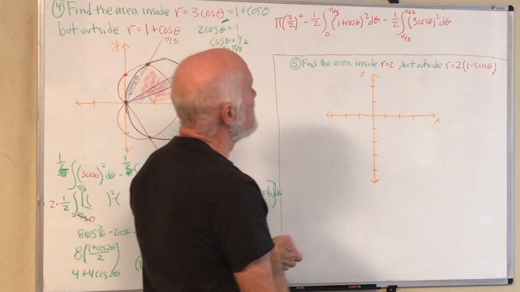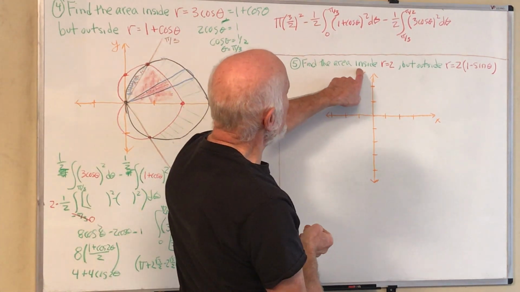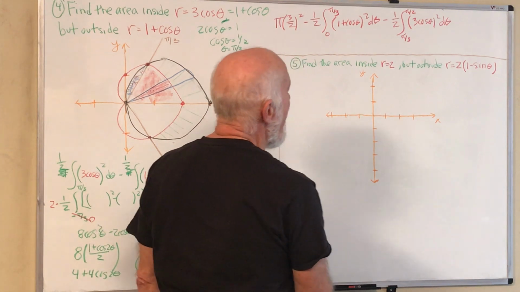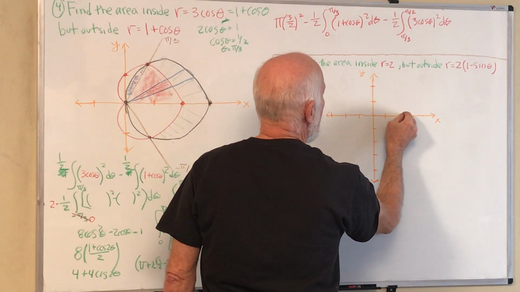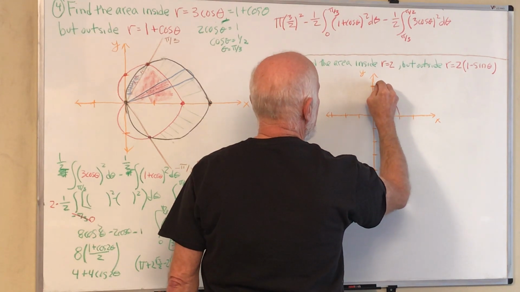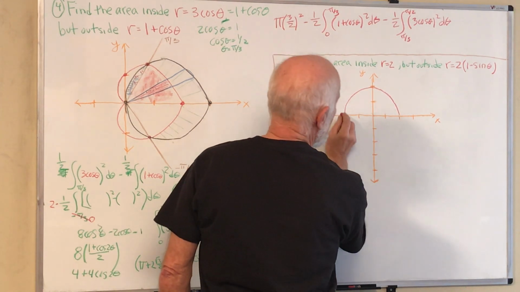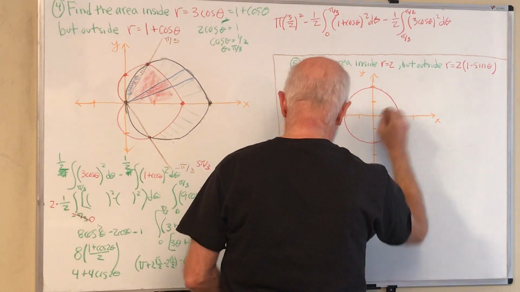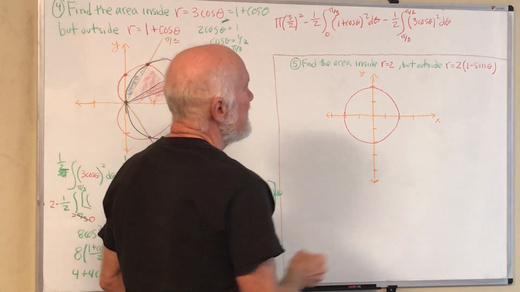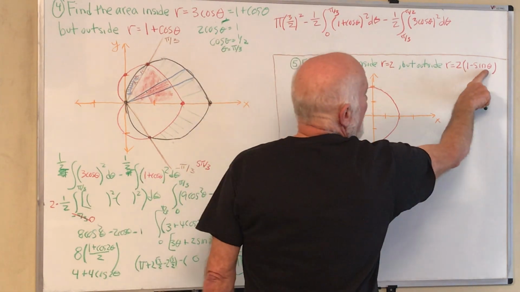Okay, so one more. Find the area inside r equals 2. I think we've done this one before. R equals 2 is a circle with a radius of 2. And then I'm going to try some values here.